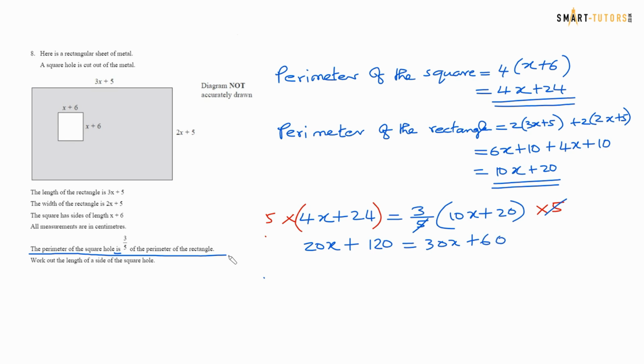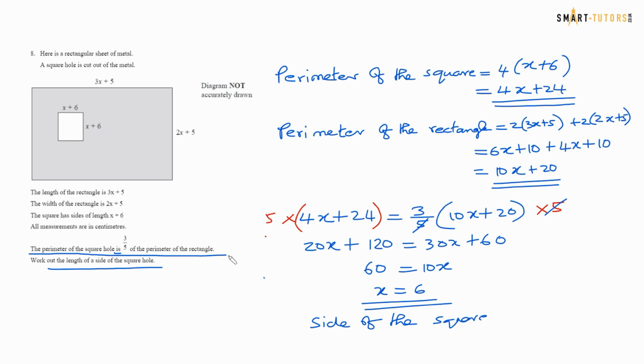If I take away 20x, I end up with 10x here and 60 both sides. So x equals 6. They are asking, work out the length of the side of the square hole. So side of the square equals x plus 6. So 6 plus 6 is 12 centimeters.